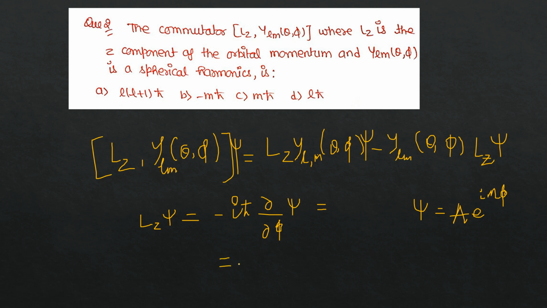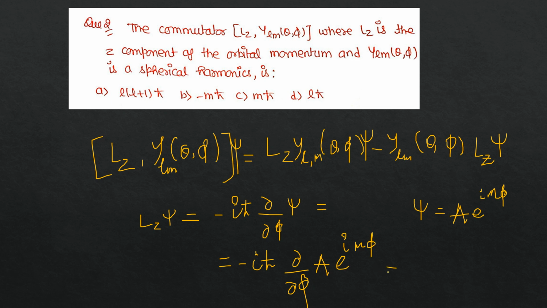So if we write it here, minus i h cut del by del phi of A e to the power im phi. What it will become is minus i h cut into im into A e to the power im phi.